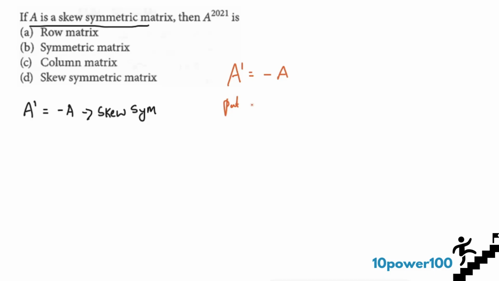So we'll put 2021 power on both sides. Okay, this becomes A dash the whole power 2021 is equal to minus A the whole power 2021.